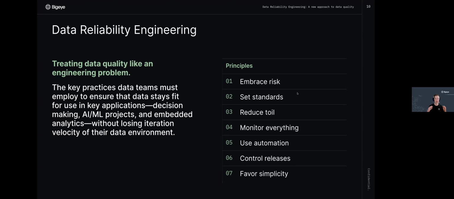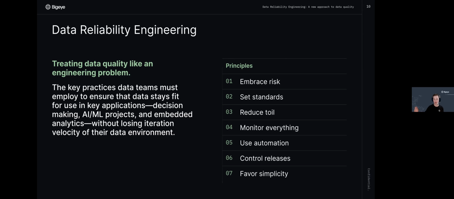And really what data reliability engineering means is treating data quality like it is an engineering problem. And it's understanding and having these sets of practices and procedures in place that help you build a reliable data ecosystem on top of which all of your data applications can be built.